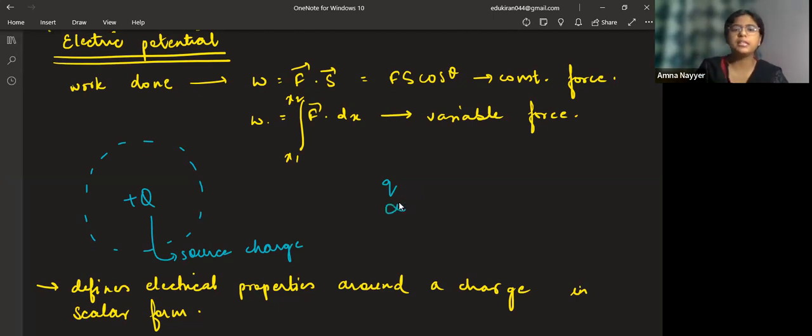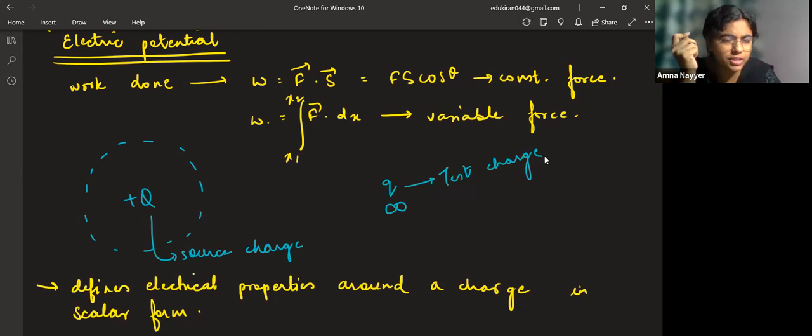This charge is kept at infinity. So from infinity I'm bringing one charge, and here I have kept my capital Q, that is the source charge. The source charge is stationary. It is producing some electric field, some potential, some properties and forces around itself.